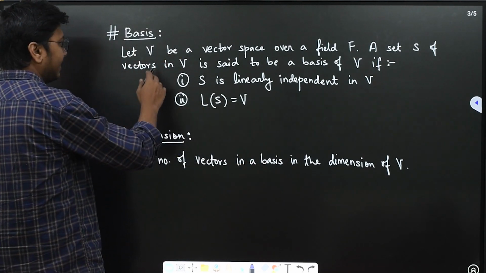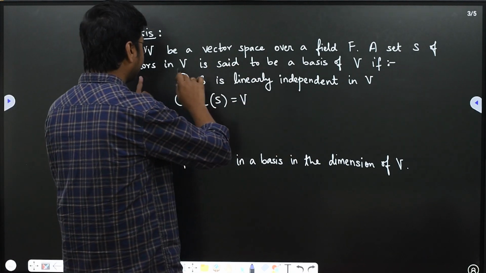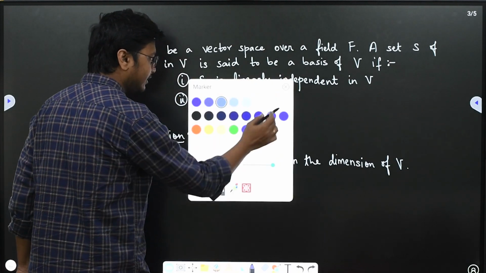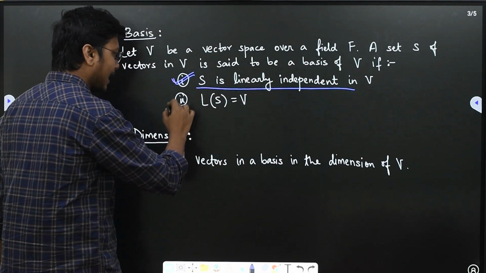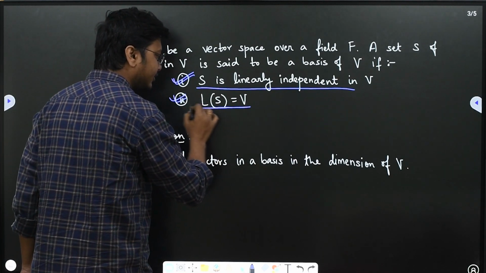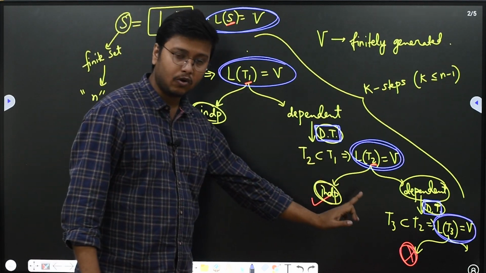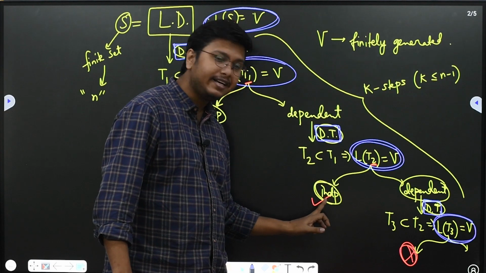What is a basis? If V is a vector space over a field F, a set S of vectors in V is said to be a basis if, first of all, S is linearly independent, and that particular set is generating the vector space V. That means the thing which I was telling you right now, that it has to generate V and it has to be linearly independent.